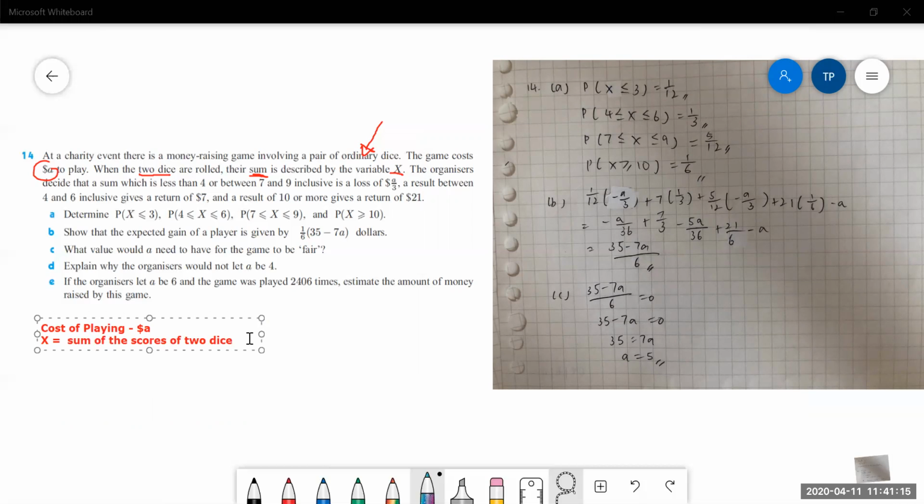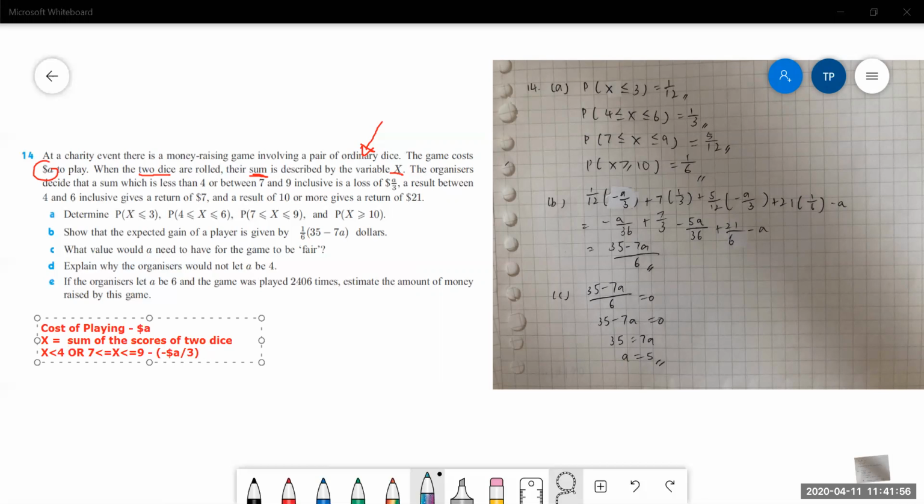Okay, so we know that if X is less than 4 or X is between 7 and 9 inclusive, it will incur a loss of minus A divided by 3. Right?